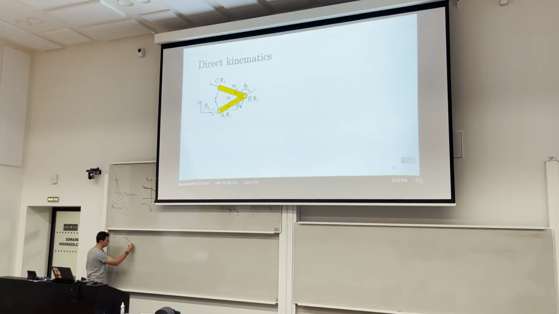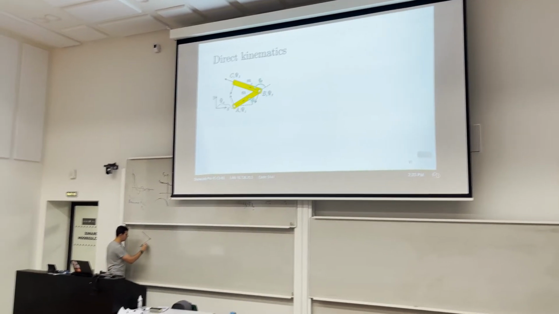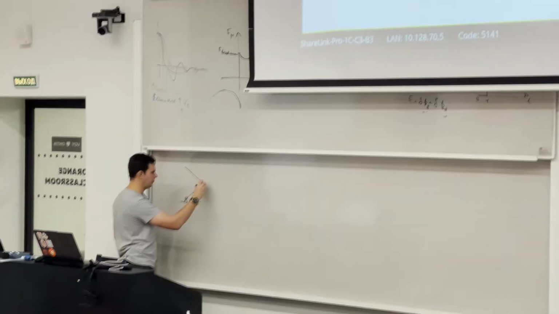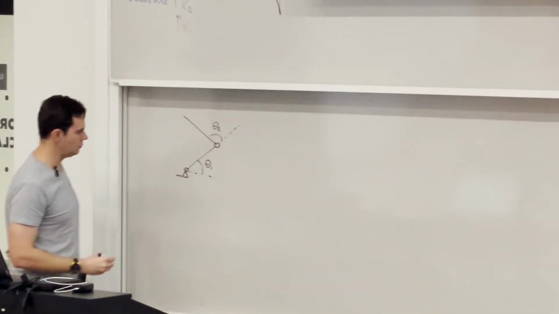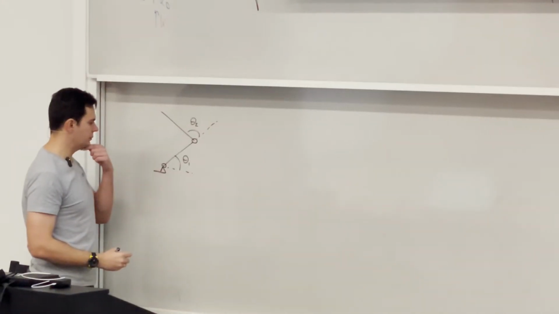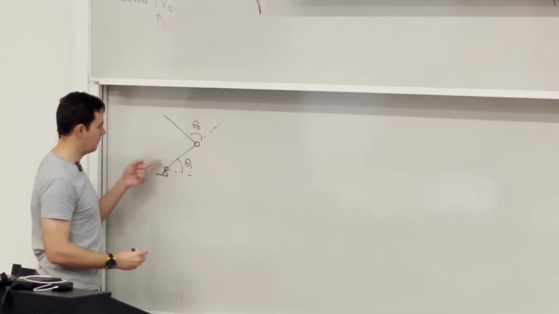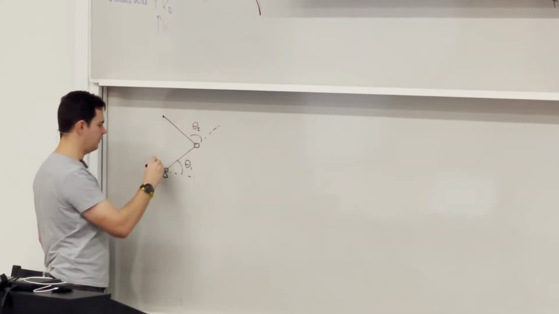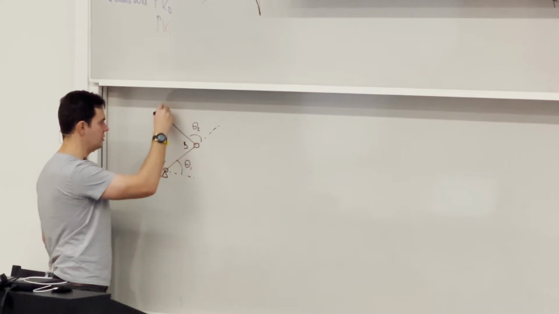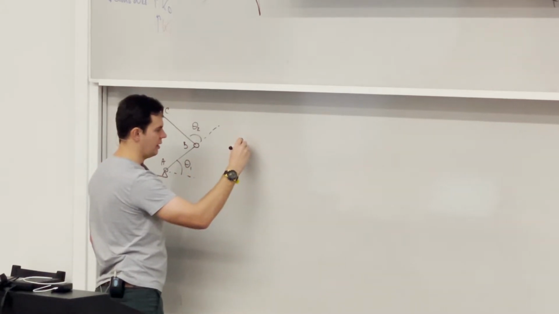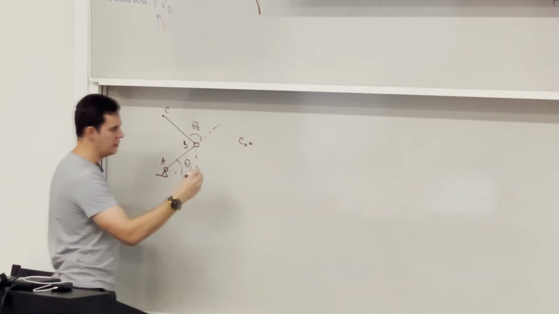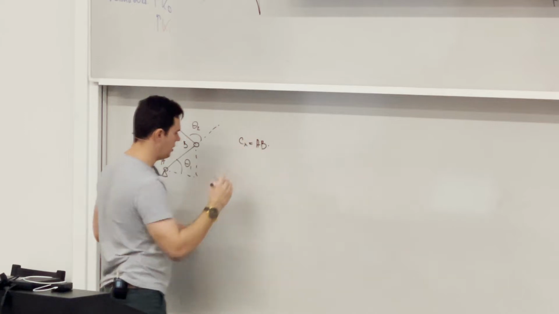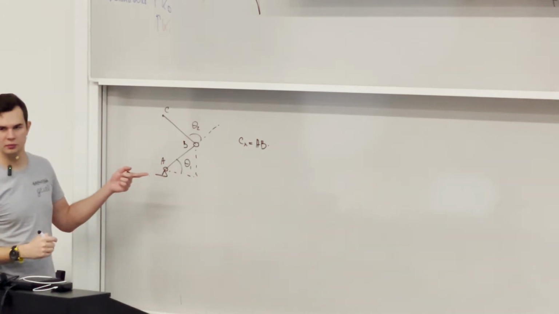So we have two links. The first link can be described with θ1. The second link can be described by θ2. And in order to find x of this end effector, so it will be A, B, C, Cx will be AB times, what should I multiply?